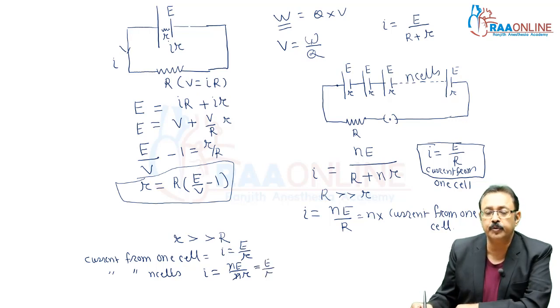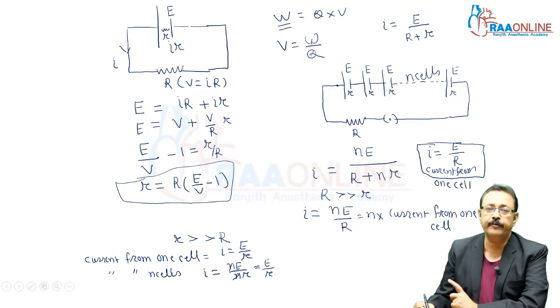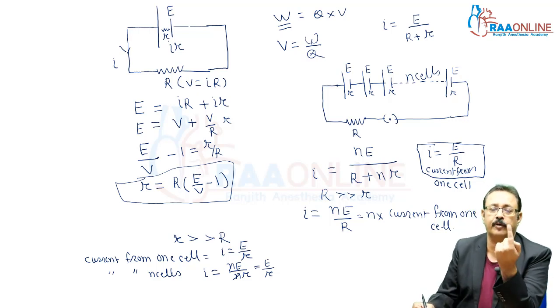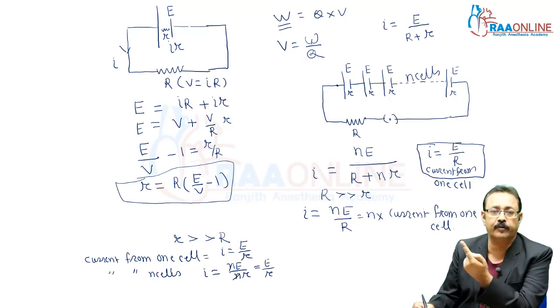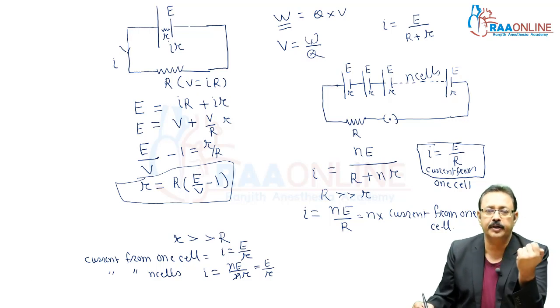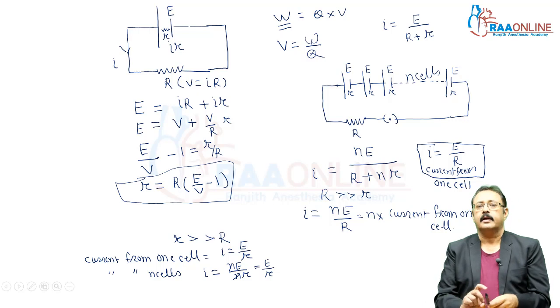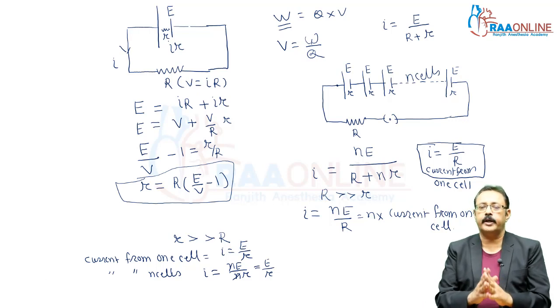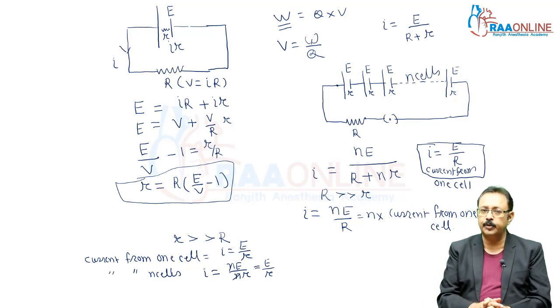It means after using n cells I get the same current as from one cell, so there is no use for this type of combination. The series combination of cells is useless if the internal resistance is very much greater than the external resistance.